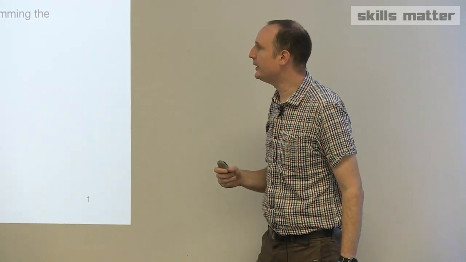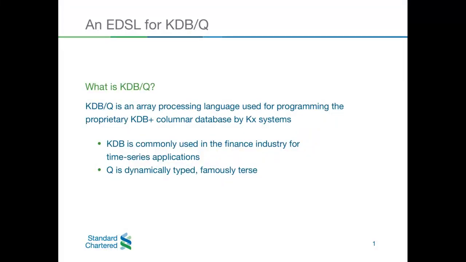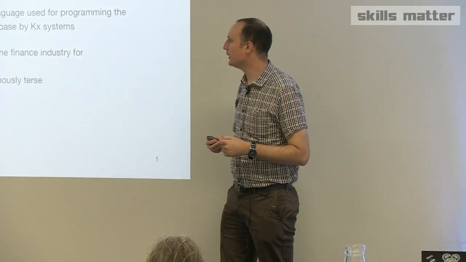So what is KDB/Q? It's an array processing language used for programming this proprietary column store database by KX Systems. It's very commonly used in the finance industry, often for time series applications. Q is the language that we're targeting here. I guess it's the SQL analog in the KDB world.